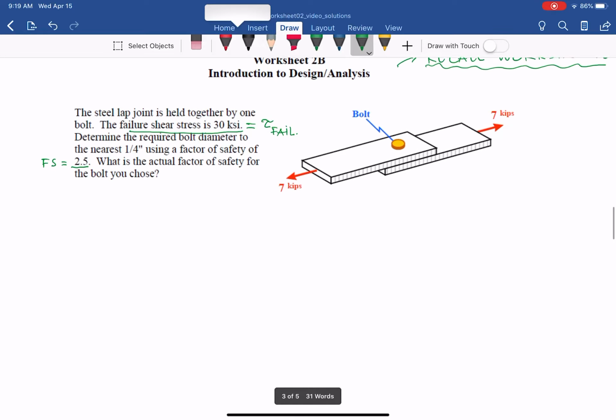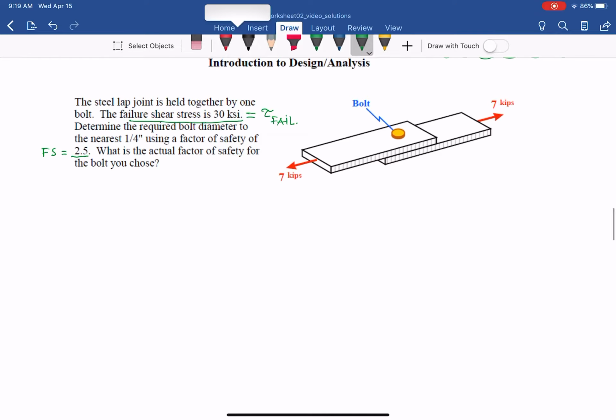So, determine the bolt diameter. It is basically just design, creating a new structure. So the question is to determine the bolt diameter. In this case, it is design, not analysis.